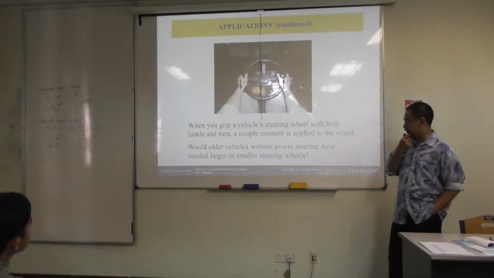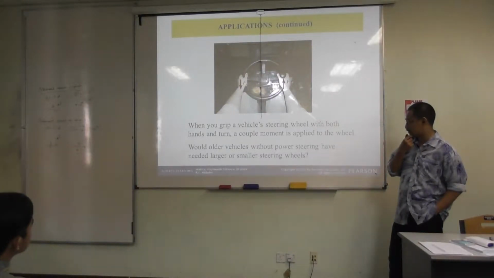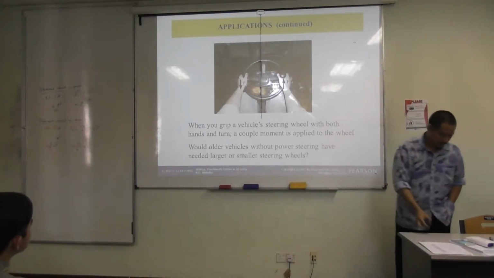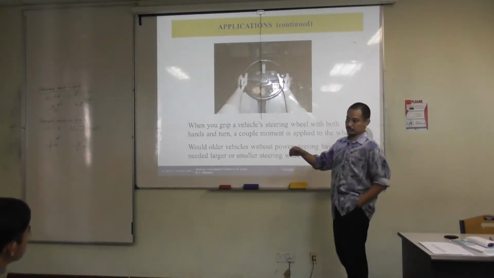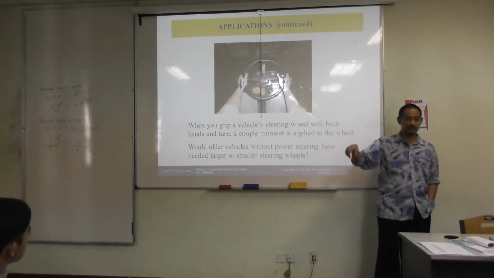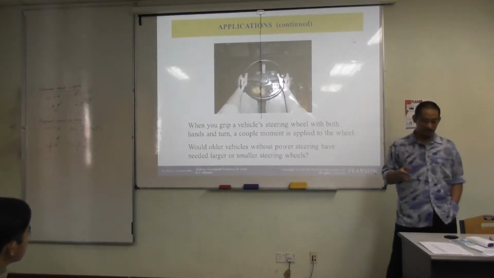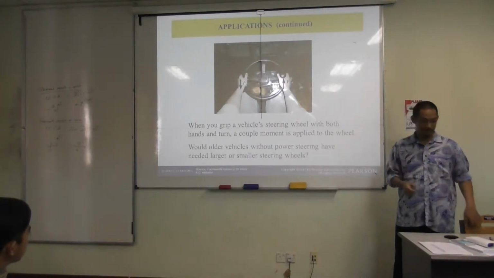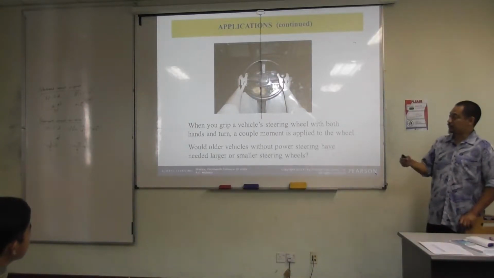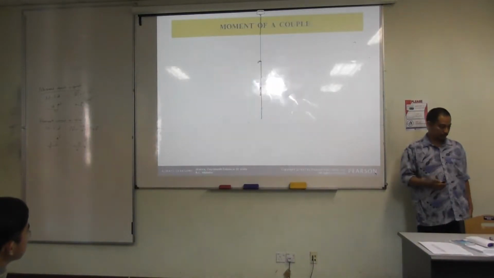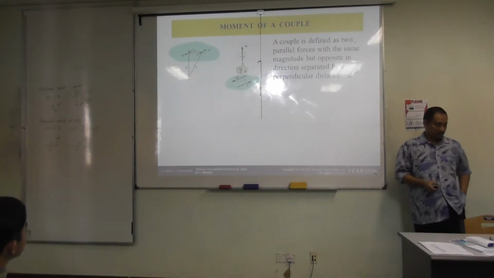Would an older vehicle without power steering have a larger or smaller steering wheel? Larger. Or if you have a big lorry, have you seen the size of the steering wheel? Why can't the lorry have a small steering wheel? So it relates to the amount of force that we need to apply to rotate, right?